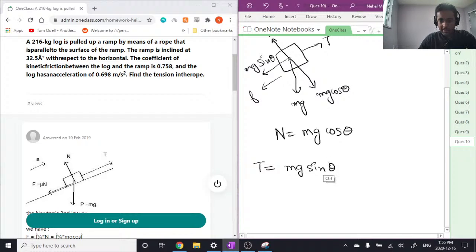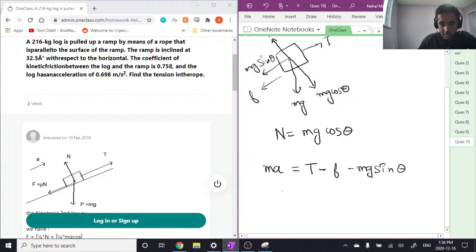Okay, we are given the acceleration. So in that case, we would have ma is equal to T, which is in one direction, and then it's being opposed by the frictional force and mg sine theta.